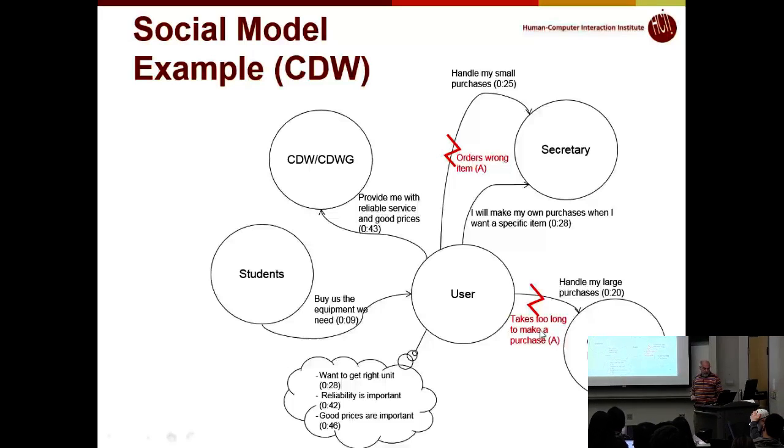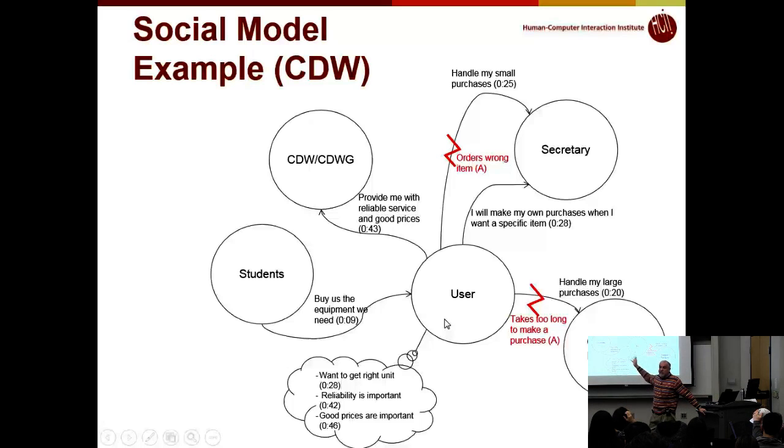And this really doesn't need to be an A because I specifically said they'd take too long. So there probably could be a time code there. Secretary sometimes gets things wrong. CDW, I said I valued reliable service and good prices, and so there's an arrow to that. So in this case, it's the same bubble.